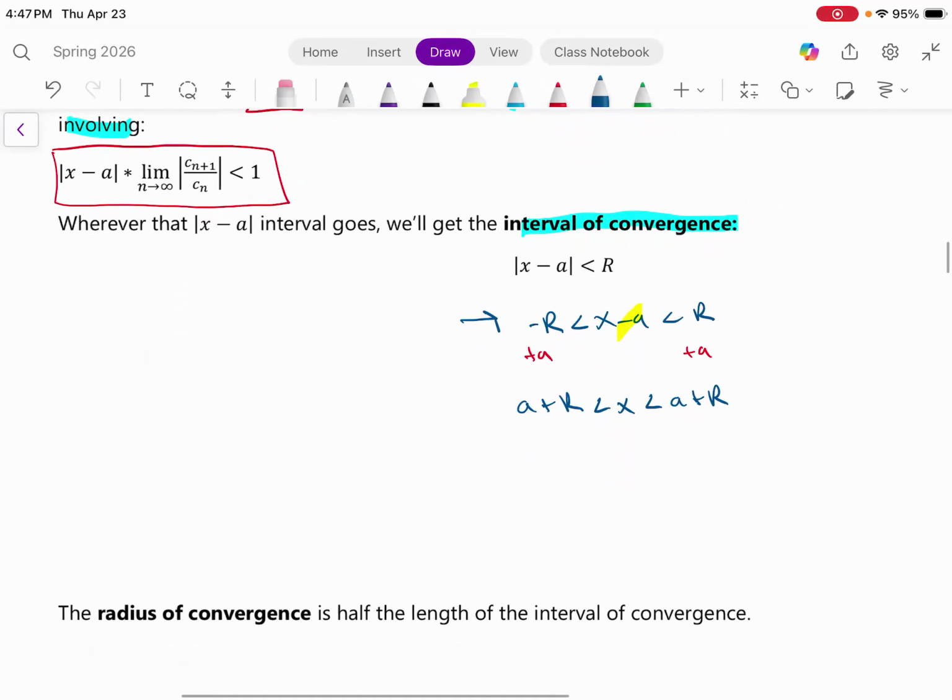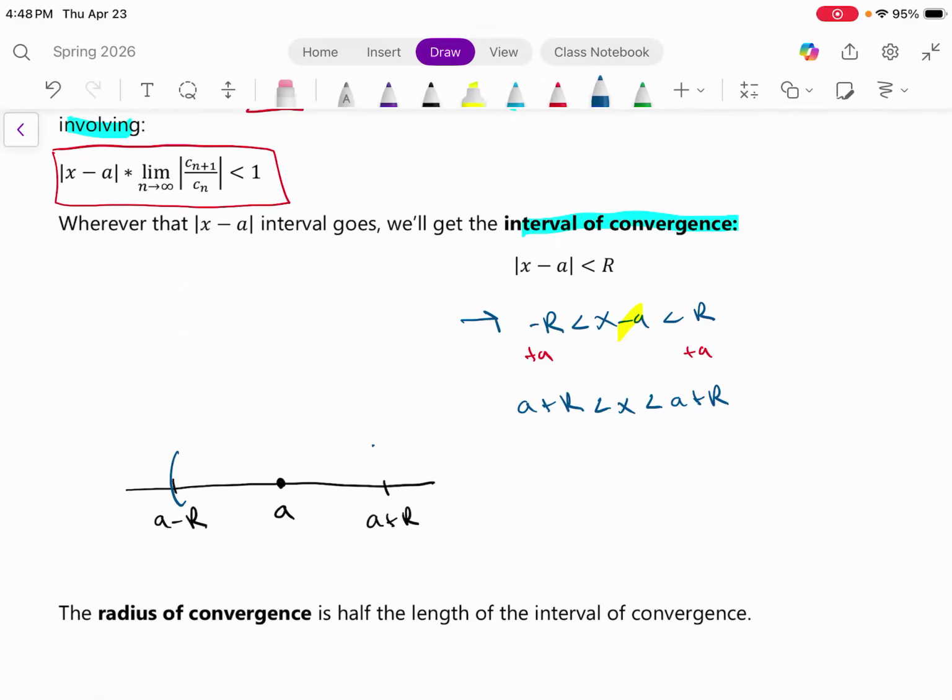That's us using the ratio test and some algebra, but what does this look like visually? Consider your number line of x values. Here is a, your center. Here is the value of a minus r, and here is the value of a plus r. You're subtracting the radius from a and adding the radius to a.